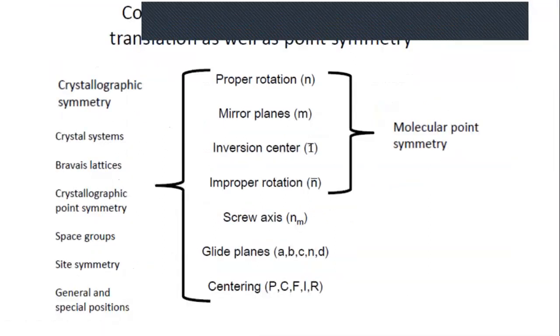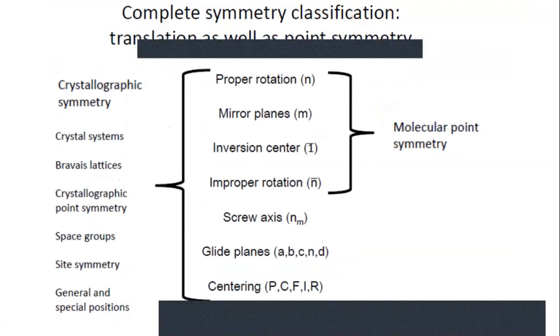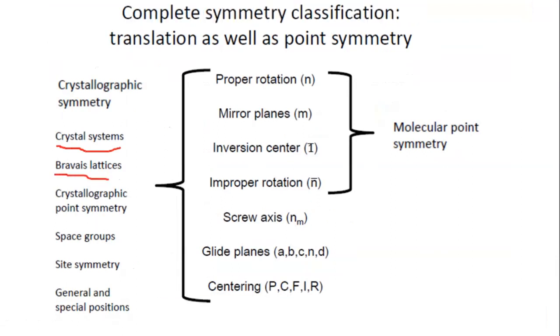So just to kind of recap on everything we've covered. We've talked about symmetry, and we discussed the different types of crystallographic symmetry we can have. And now today we're going to be discussing crystal systems, Bravais lattices, and crystallographic point symmetry.